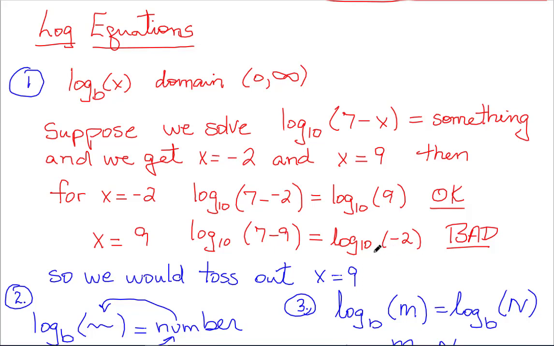And I can't have log 10 of a negative number. Why? Because the domain is only bigger than 0. So we would toss out the x equals 9, giving us only one answer, which is the minus 2. Alright.